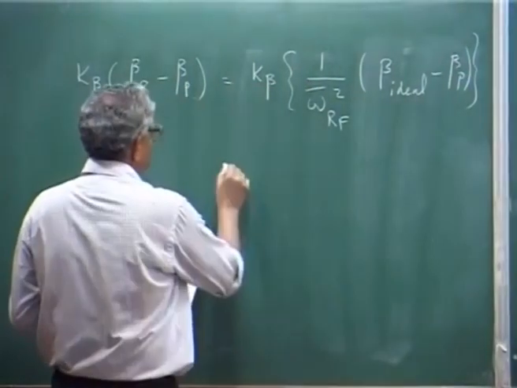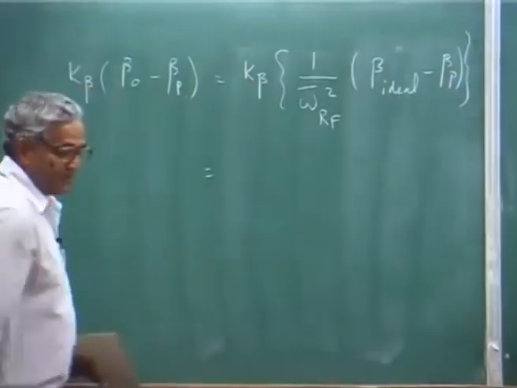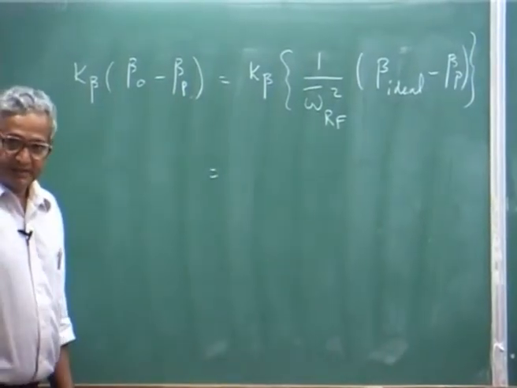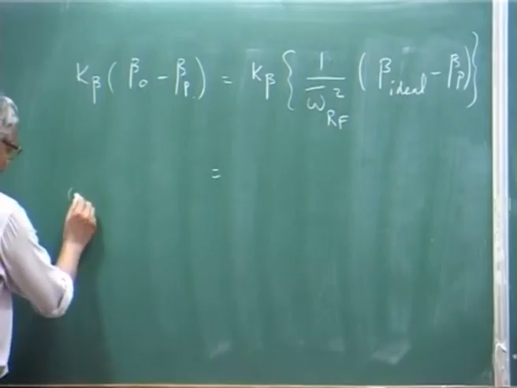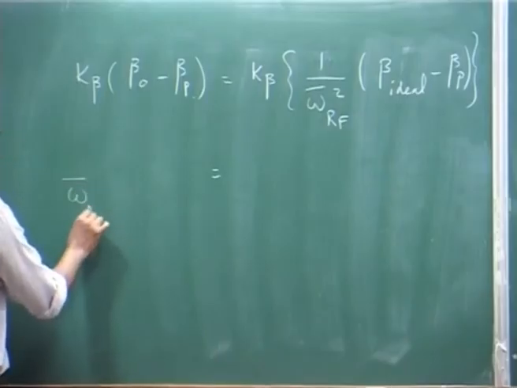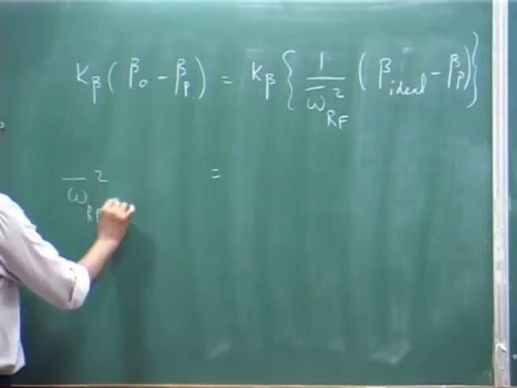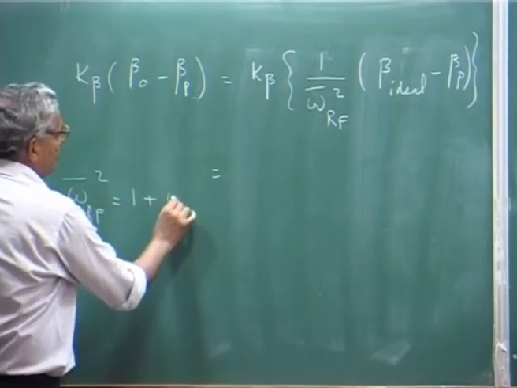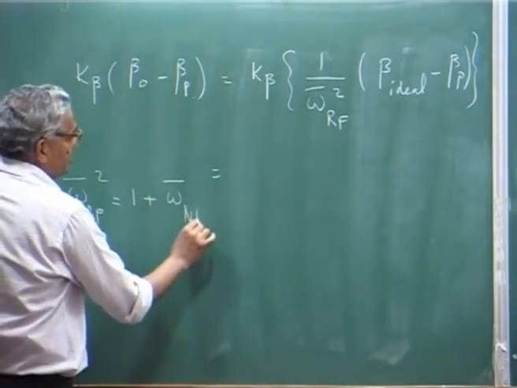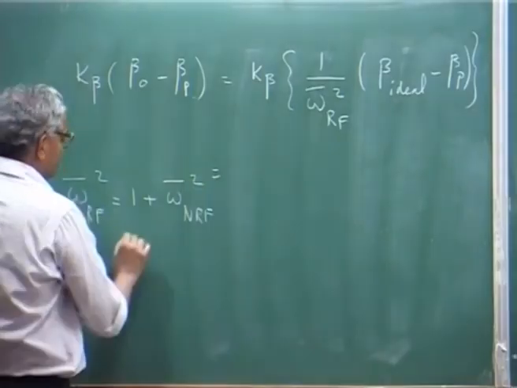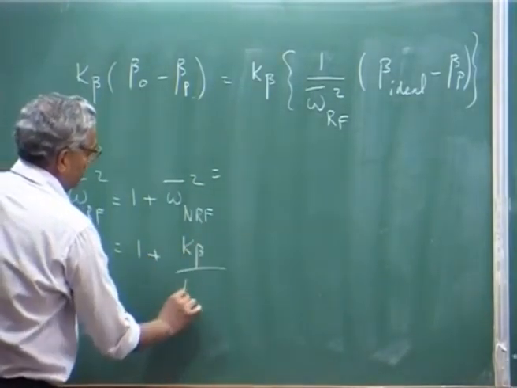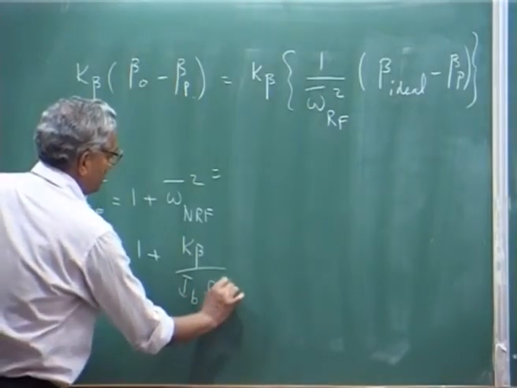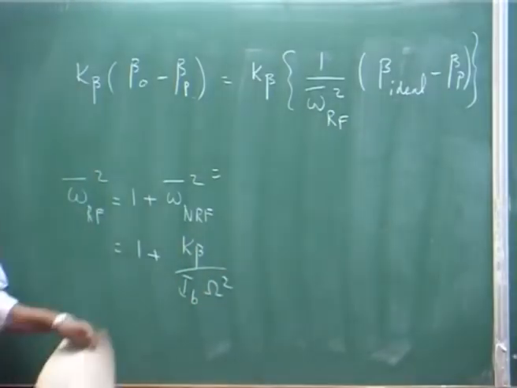Okay. And you can replace that k beta directly, because that is again written in terms of, we know omega bar r flap square is 1 plus omega bar non rotating flap square, which is IB omega square. Okay.